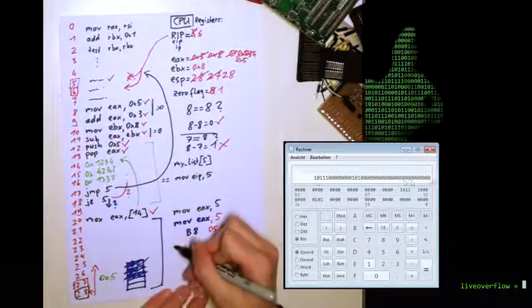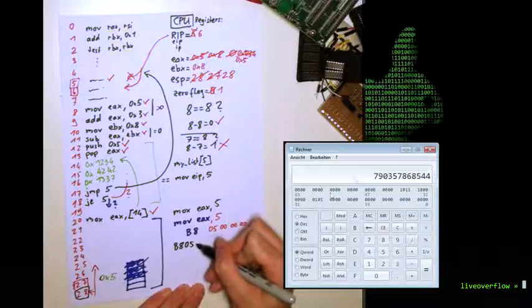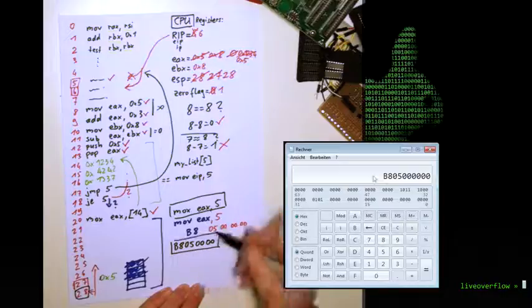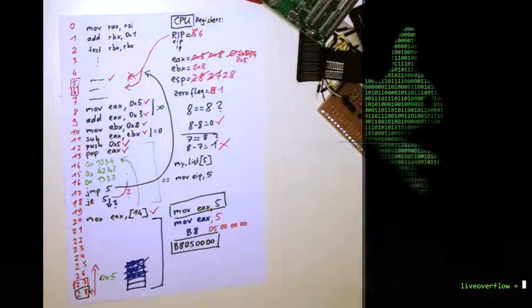And the remaining numbers are available for the number you want to move into EAX. So when the hardware reads this number, it knows that it has to move the following number into its EAX register. And a disassembler is a software that takes this number B8 and makes readable text out of it for us to more easily read assembler.